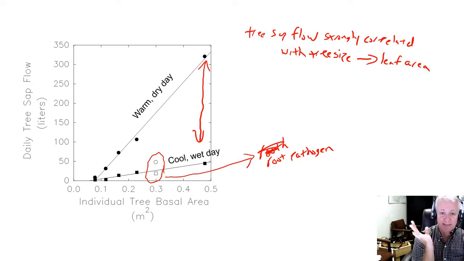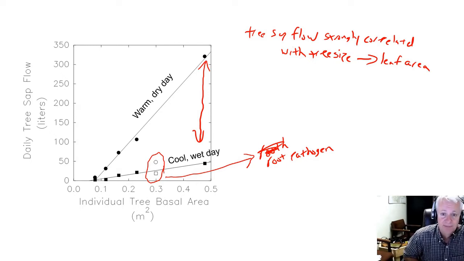Another thing to note is just the magnitude of water loss from these trees. You can see that, for instance, the biggest tree, which is a half square meter in cross-sectional area, which is a pretty good sized tree, lost about 300 liters of water on a warm, dry day.